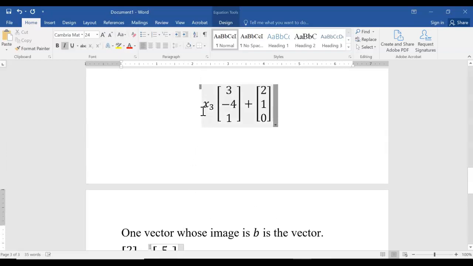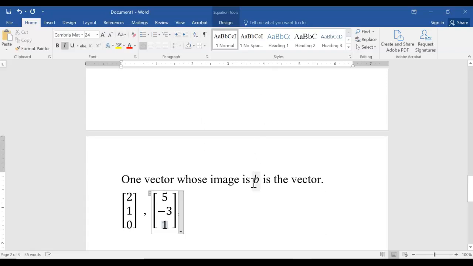By the way, you could have also plugged in 2 for x3, or 3, or 4, or -1, or -2, or -0.5, right? You could have plugged in any number for x3 you want, and that would have given you a vector whose image is b, the b we were talking about earlier. Does that make sense? So you could go on and on, just plug in different values for x3, and you get different vectors that all give you the image of b.